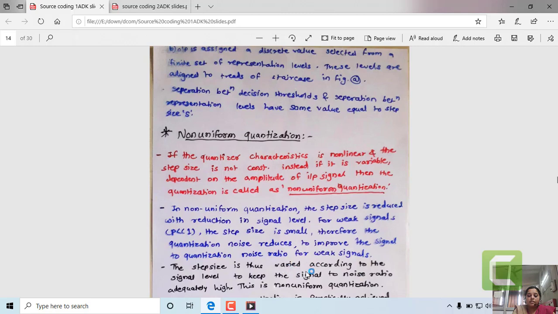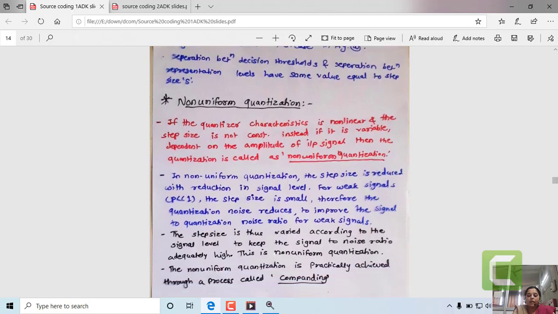The step sizes will vary, and this step size variation has to be applied to change the value of quantization noise. And the quantization noise value should be changed to maintain the proper SNR.